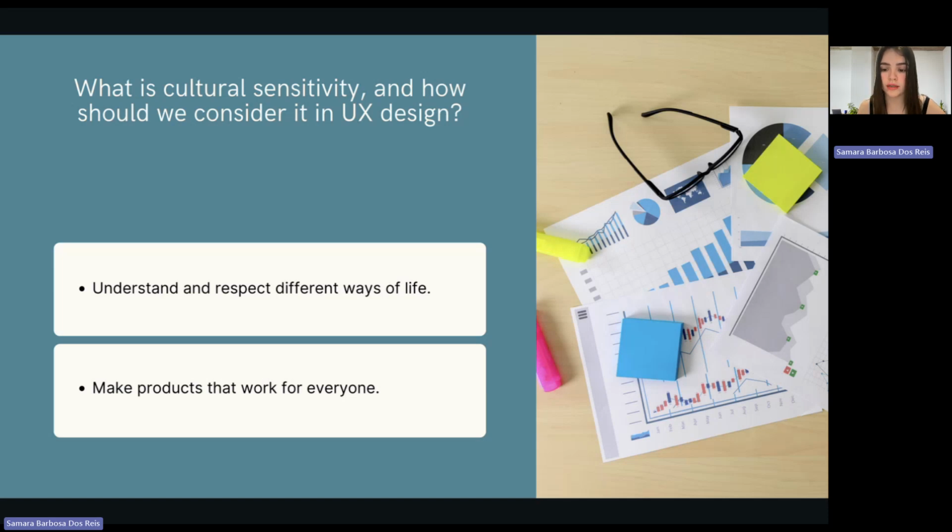It is so important, especially for international brands, because if you want to sell internationally, you must respect other people's cultures and values. Being culturally sensitive not only makes users happier, but also ensures our product is ethical and accessible to everyone.